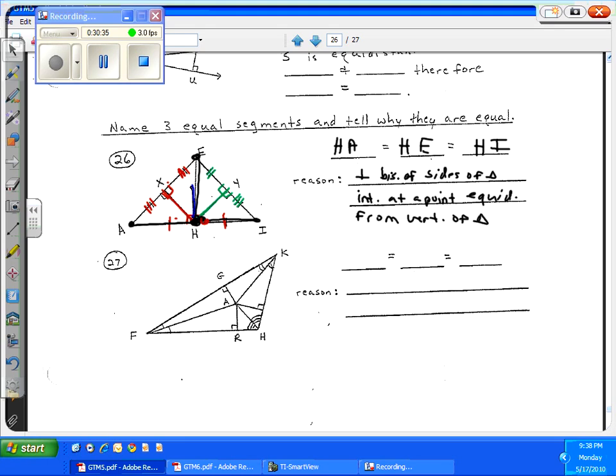It didn't ask us, but if we use that point of concurrency as the center, and we used one of those distances we spoke of as a radius, we could circumscribe a circle about that triangle, and therefore that point is actually called the circumcenter. Okay?